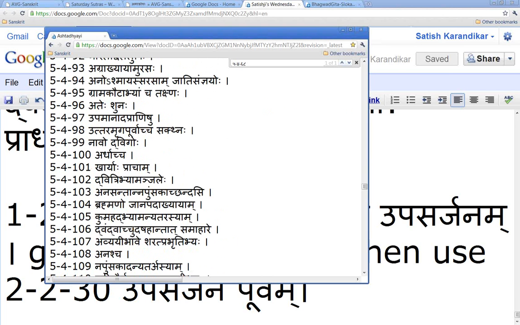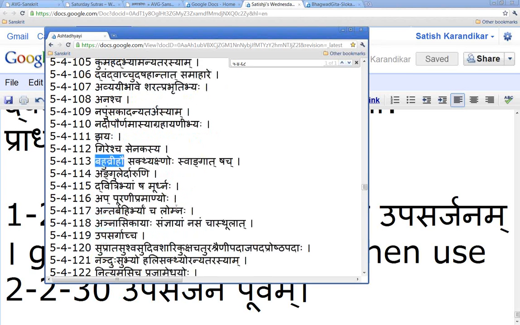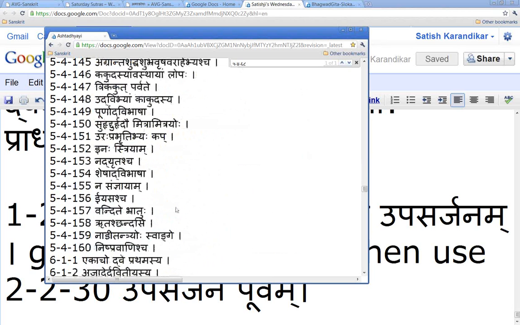Then Dvandvat. He has one sutram for that, 106. Then Panini starts Avyayibhave, 5.4.106. If in an Avyayibhava compound you have something happening at the end, then come here, Avyayibhave. And then finally starts Bahuvrihau. It's a large section. Bahuvrihau goes up to 5.4.160.